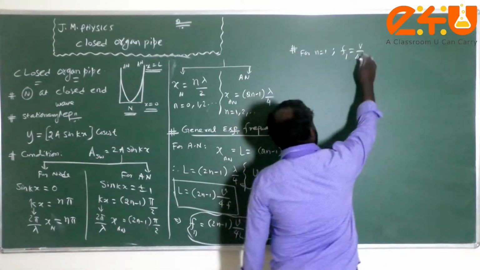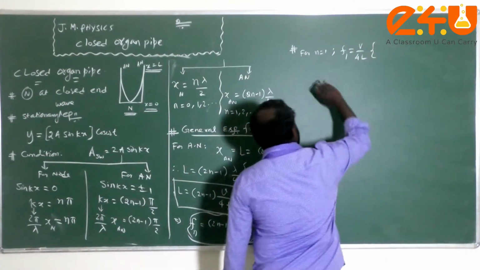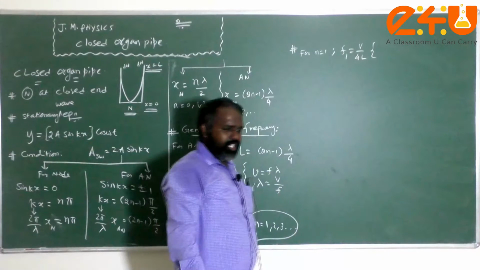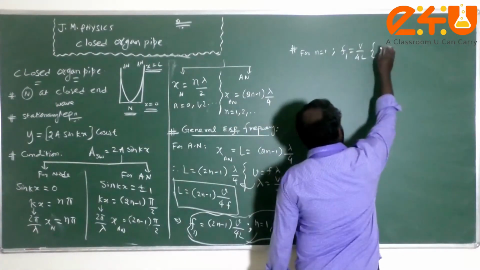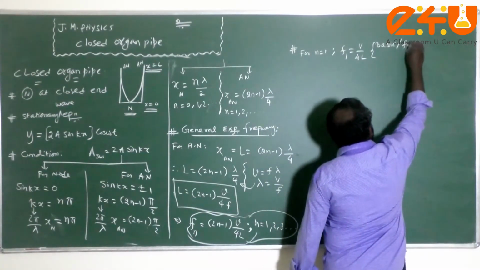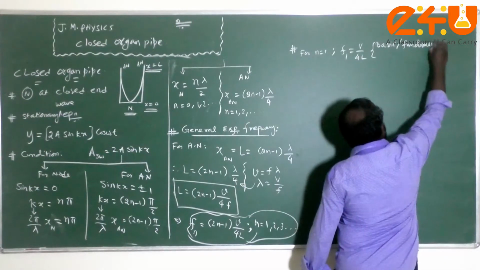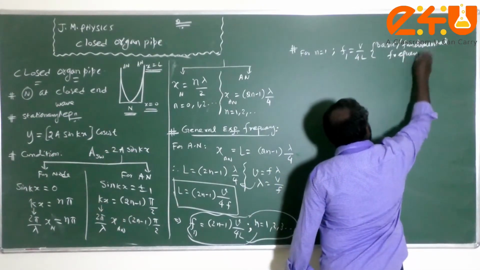Now this corresponding frequency is called the very least frequency. Below that, less than that, no waves can be generated. So that's why this is called the basic or fundamental frequency.